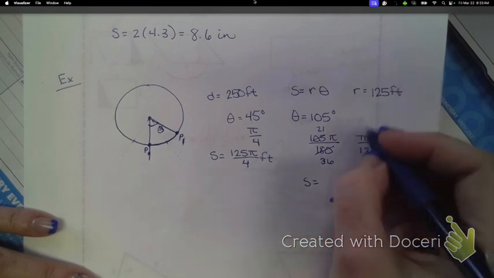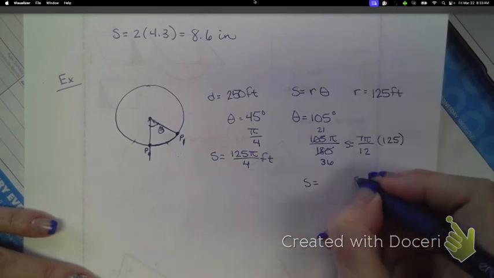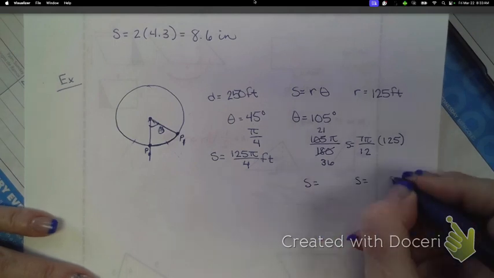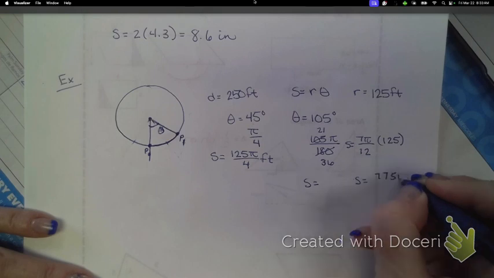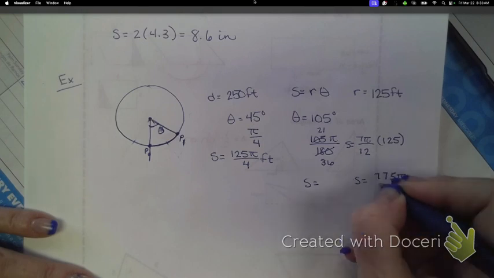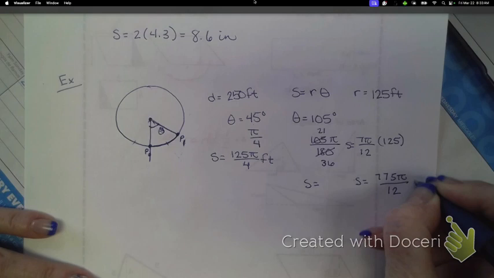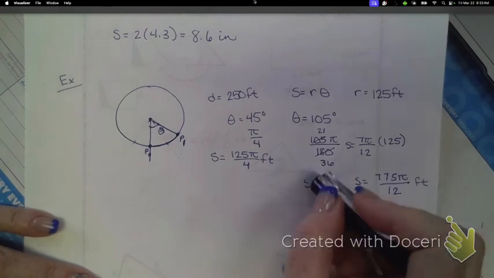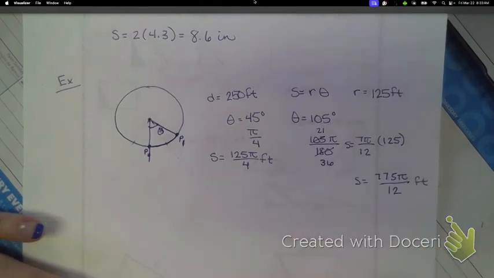I should have written S equals. So 5, carry a 3, 775 pi over 12 feet. So again, without a calculator, we're just going to leave it as 775 pi over 12.